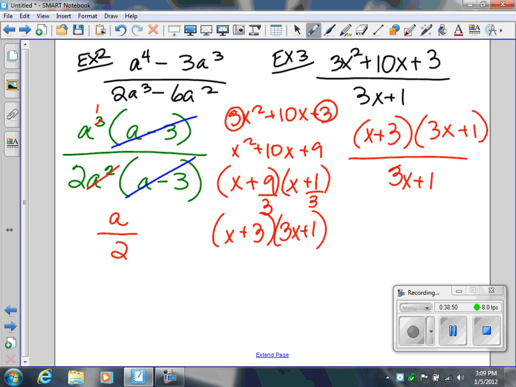It works. Same answer. Did you get x plus 3 in the numerator? Yes. Did you factor by trial and error in the numerator? Not really. You just figured that it was going to cancel out the 3x plus 1.